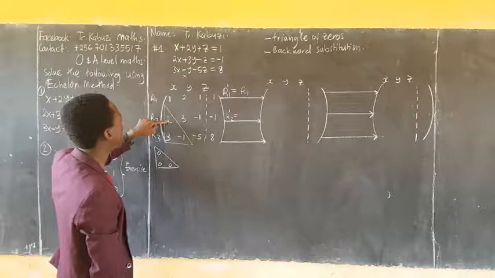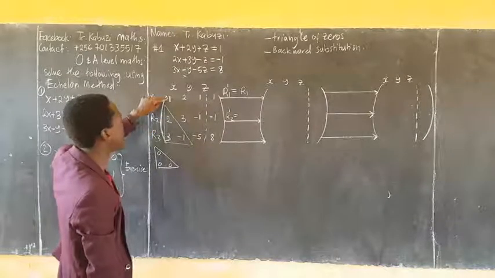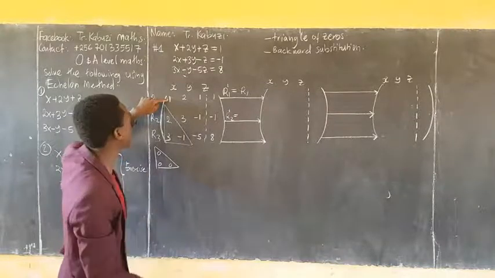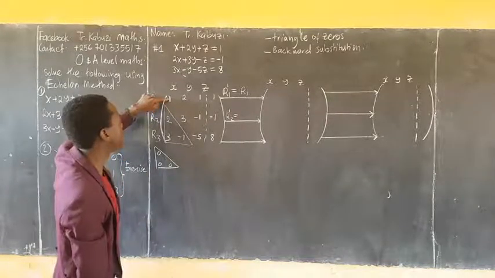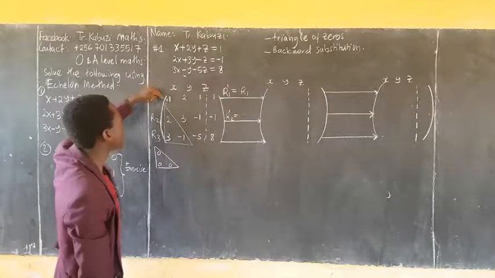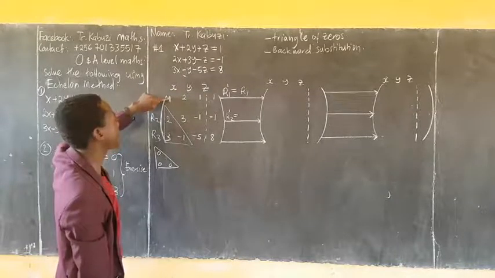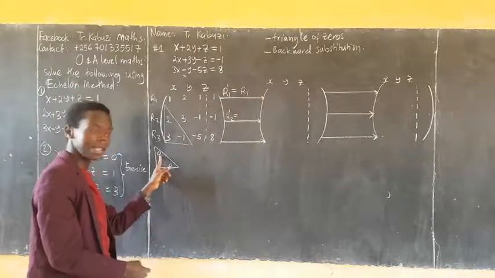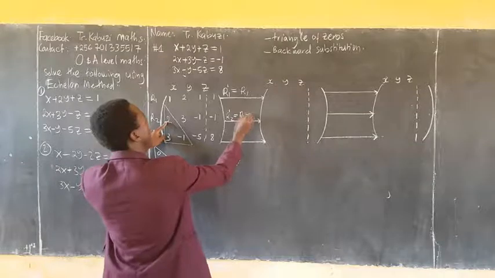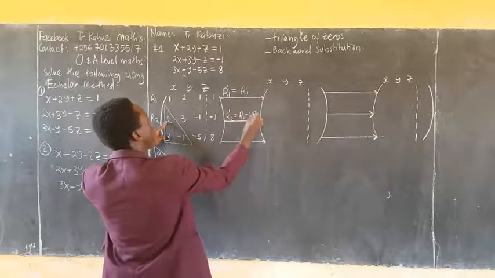So I need to say this minus this, but when I say 2 minus 1, I'll be having 1, this is not a 0. So I need to make this the same as this. So I need to multiply by 2 here. So when I say 2 minus 2, that's when I'll be having 0. So I'm going to say row 2 minus 2 row 1.